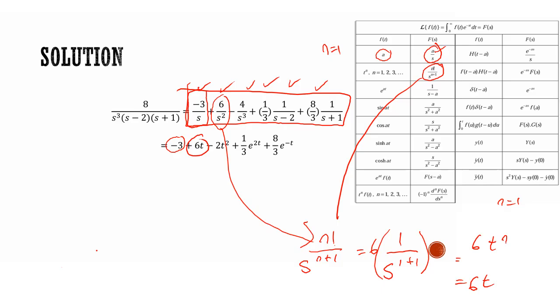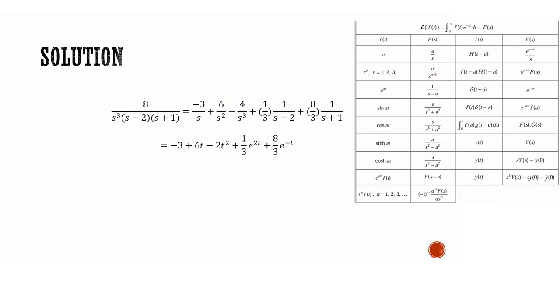All right, let's move on to the other one, which is 4 over s to the power of 3, which is similar again to this one. Let's take out n again, s to the n plus 1.